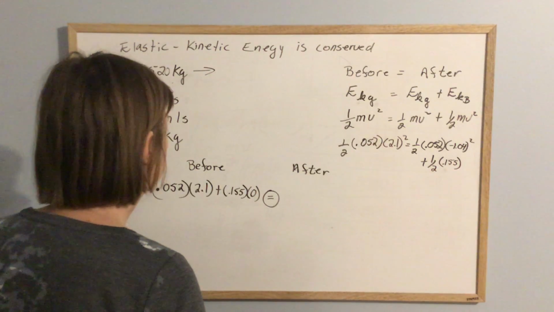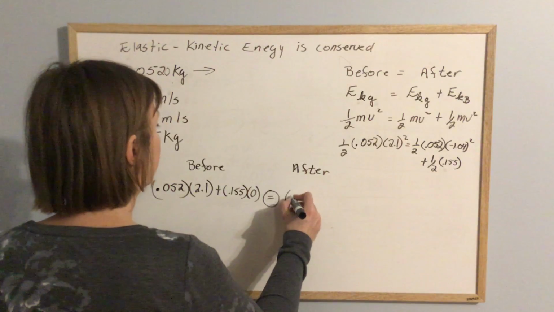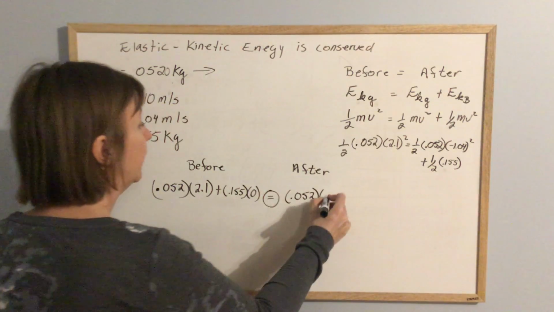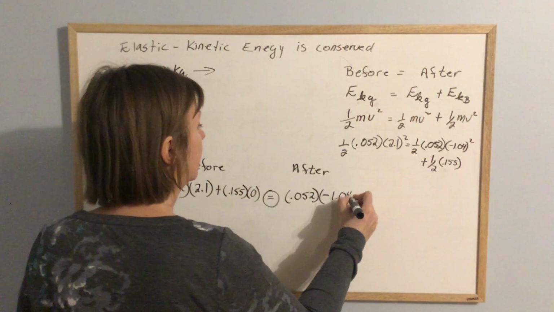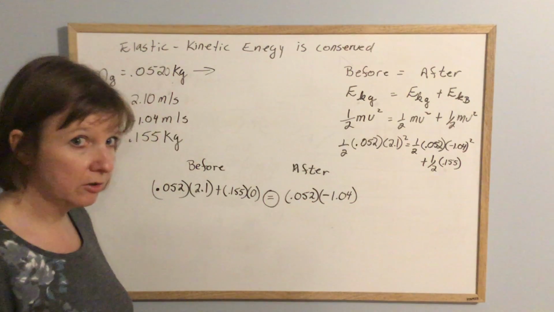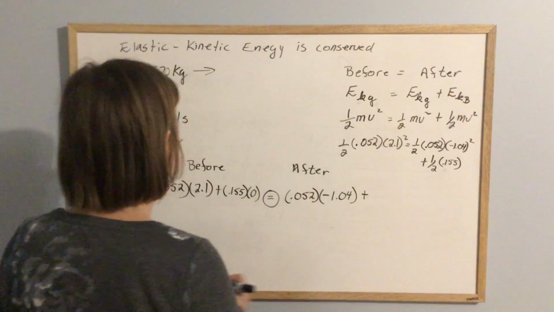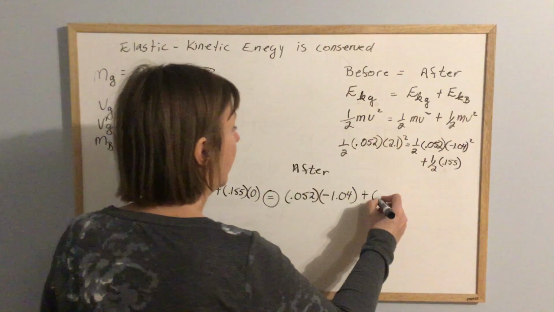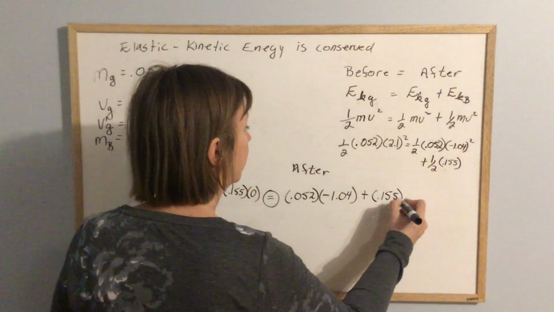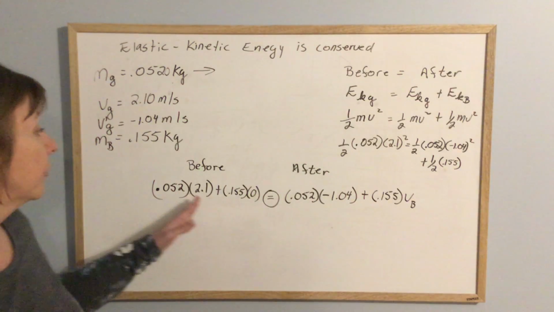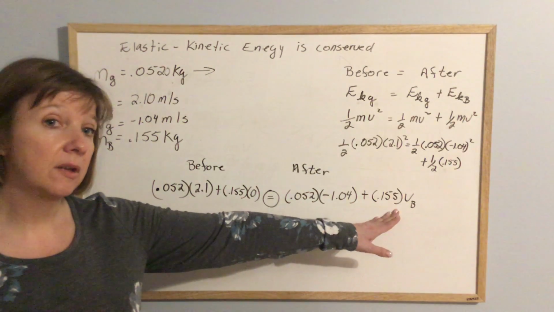After, the golf ball still has a mass of 0.052, but now its velocity is -0.104. Really important that you put the negative there. Plus the billiard ball, the mass is 0.155, and the velocity of the billiard ball is what I want to know.